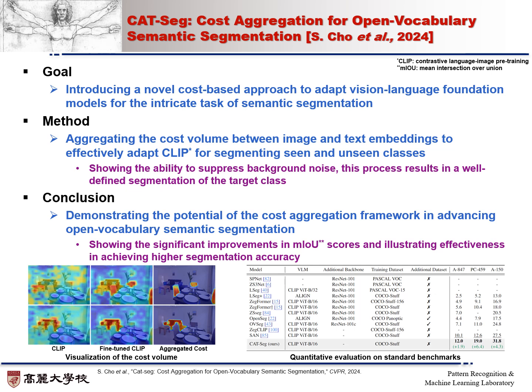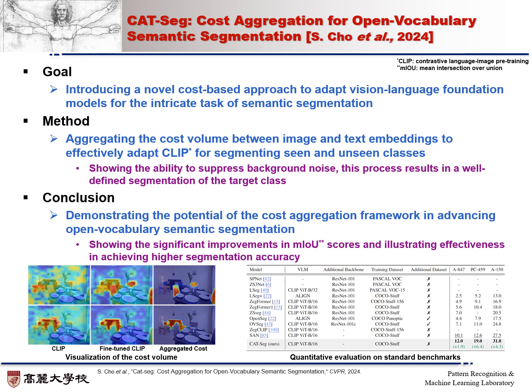The bottom left figure 2C visualizes the segmentation of the cost volume through spatial and class aggregation. Here, CLIP and the fine-tuned CLIP still have a wide distribution of background noise, but the aggregated cost effectively suppresses the background noise, resulting in a well-defined segmentation of target classes.